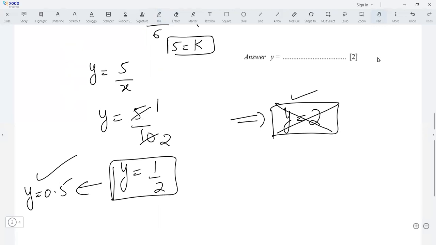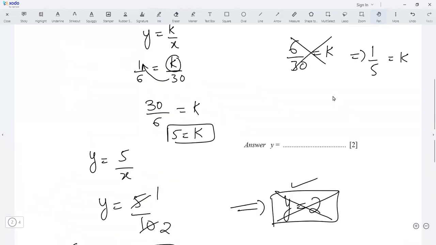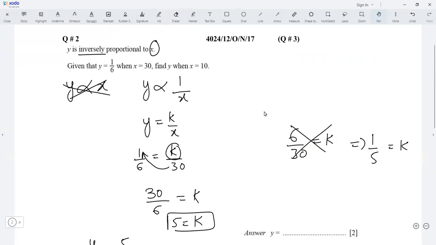There is one other thing I want to make sure of: read the question again, and if you have a simplified fraction, that is fine. No need to convert it into a decimal if it is a paper 1 question.